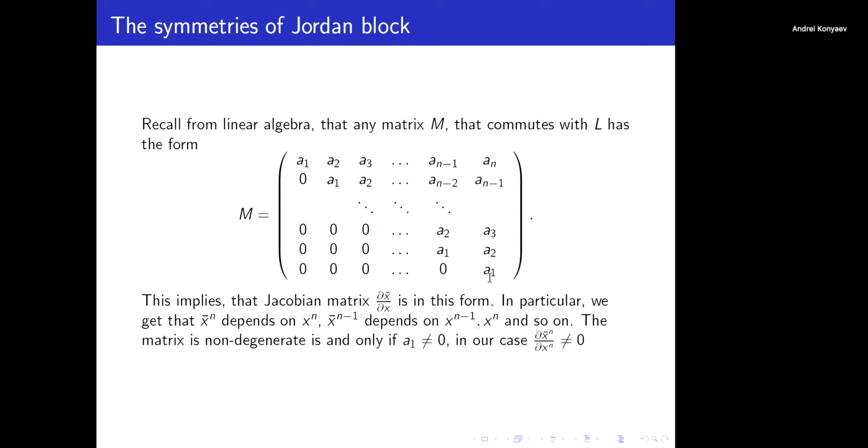If we remember the entries of the Jacobian matrix, we'll see that the last function, because all of these derivatives are zero, depends only on x_n. Then the one before last depends on the last coordinate and the one before last, and the rest is zero. Moreover, it depends very specifically, because those two coincide. It depends on x_n.